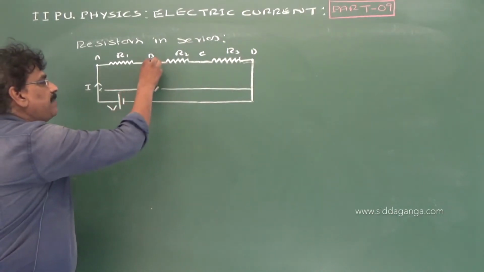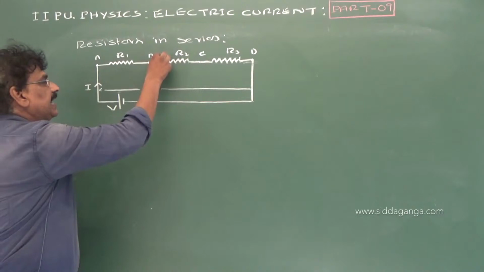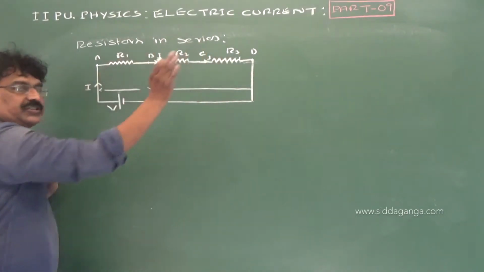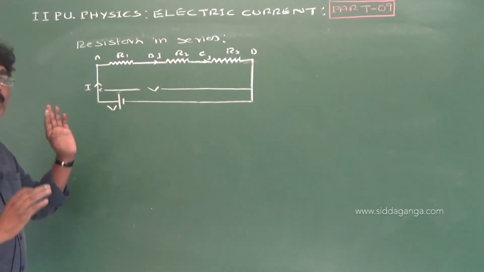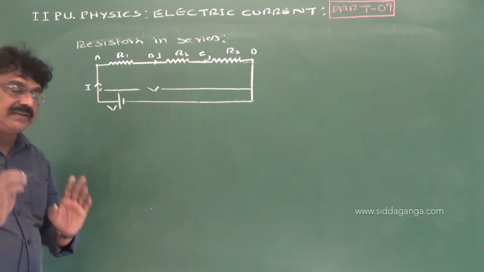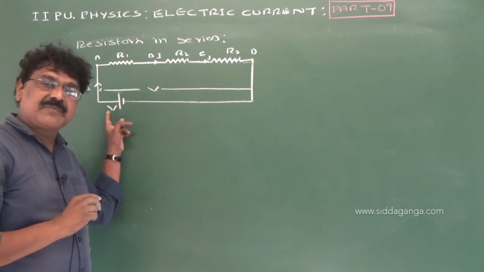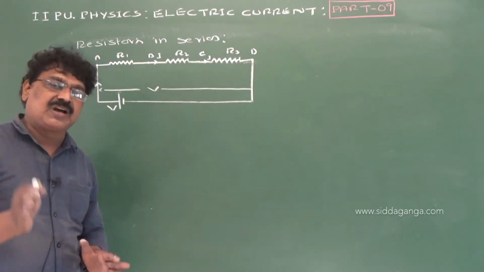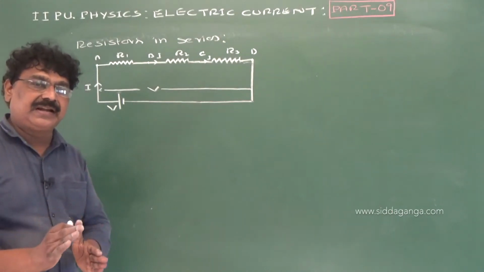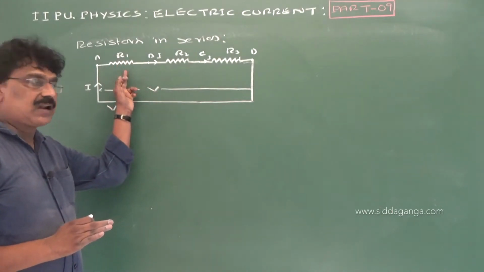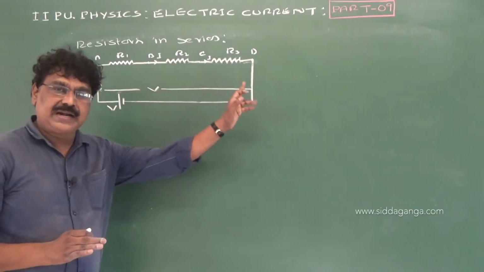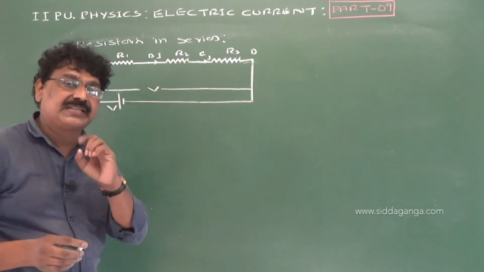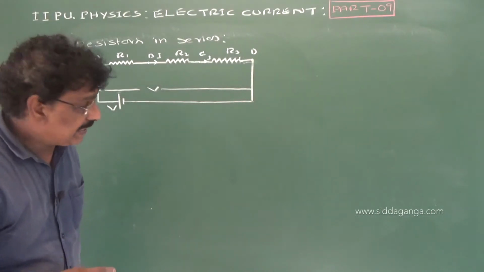Therefore, the same amount of current I flows through each resistor, because there is only one path between positive terminal and negative terminal. The rate of flow of charge is the same across R1, across R2 and across R3. Therefore, current through each resistance is the same.